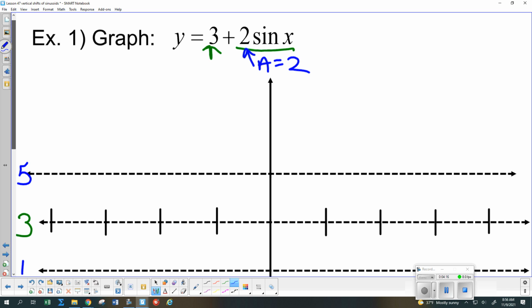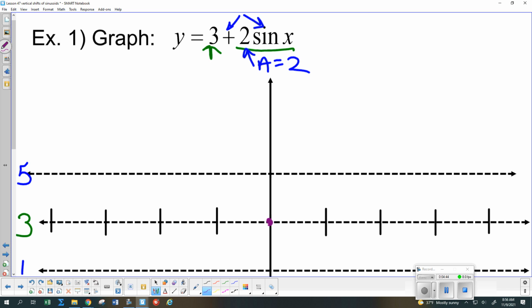Okay, now, if I am graphing this thing, it is a plus sine graph. Where does that mean I need to start? When I am in the middle, am I starting at the max, min, or the center line, Dylan? And going which way? So we're going to start at the center line and go up.